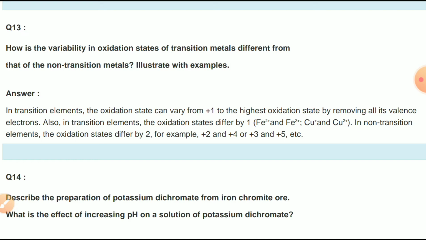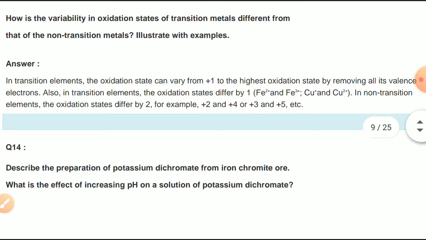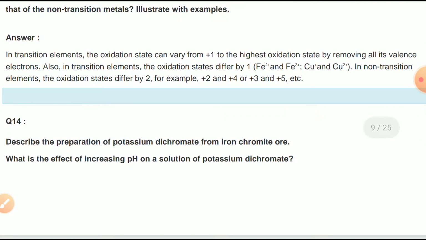Question number 13. How is the variability in the oxidation state of transition metals different from the non-transition metals? Illustrate with an example. The answer: in the transition metals, the oxidation state can vary from +1 to the highest oxidation state, by removing all its valence electrons.